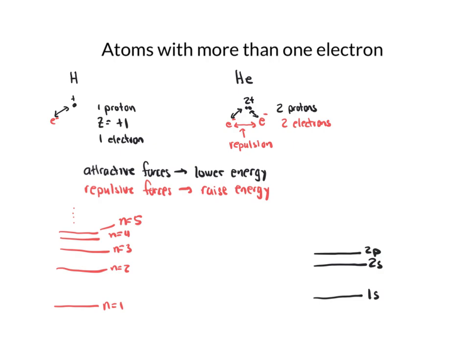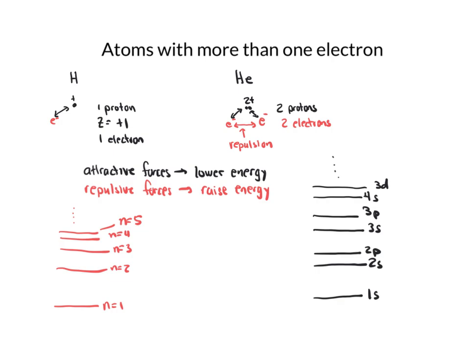And then we have 3s, and then we have 3p, and then we have 4s, and then the 3d sneaks in here, and so forth and so on. So it gets pretty complicated how to figure out what order the orbitals are in terms of their energy levels.